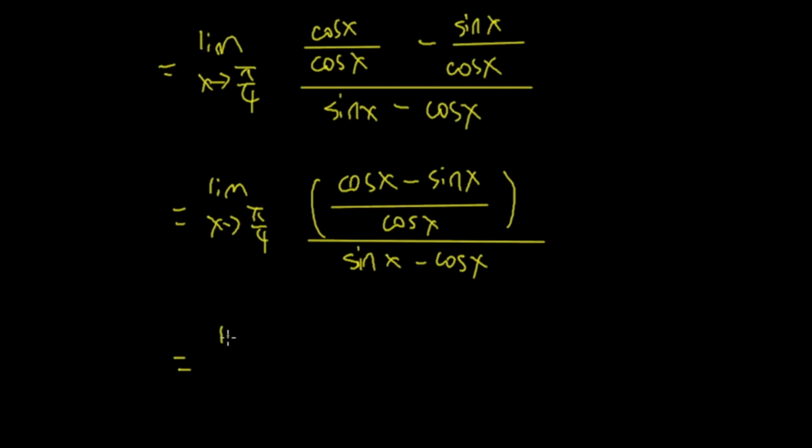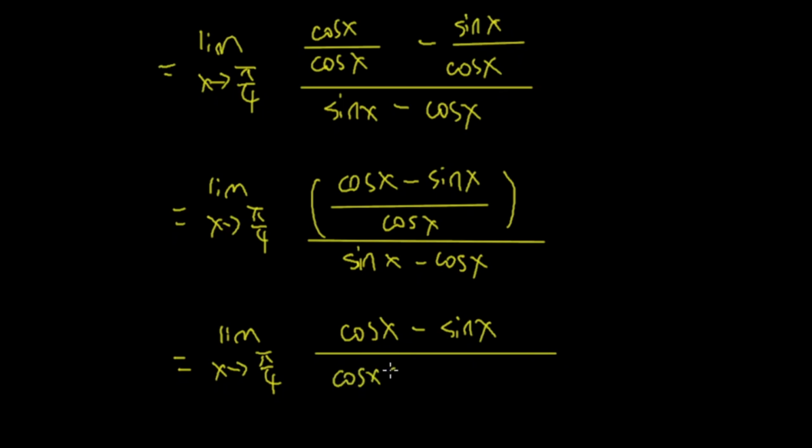So we have limit as x approaches pi over 4, cosine x minus sine x divided by cosine x times sine x minus cosine of x.